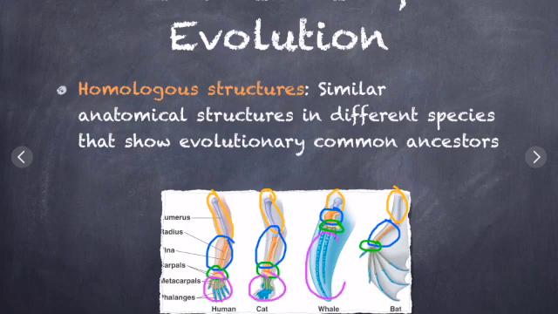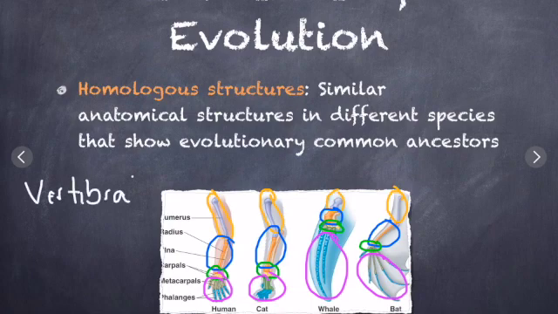So what you should be looking at is that each of these animals all have the same bone structure. Now, they are slightly different depending on their function. So what this shows us is that vertebrates all came from a common ancestry.